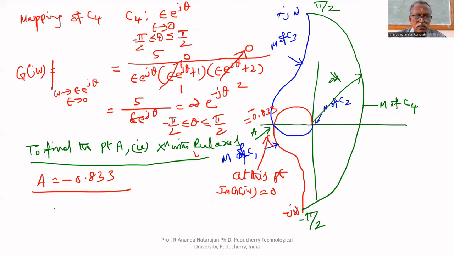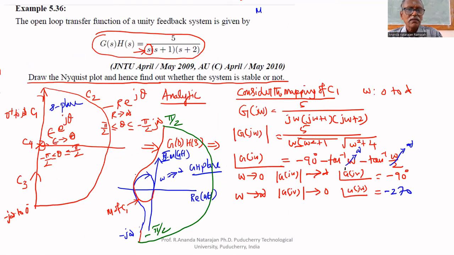Therefore, the Nyquist plot doesn't encircle minus 1. Minus 1 is here. It doesn't encircle minus 1, therefore n equals 0. What is P? Consider this transfer function. Here n equals 0 and P equals 0.